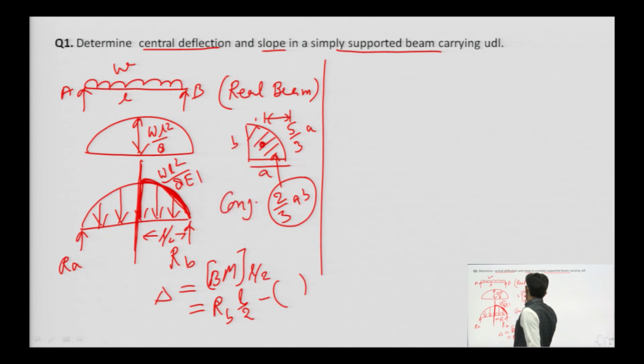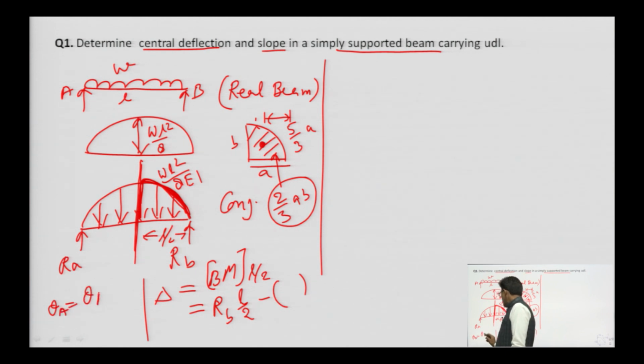Okay, so we can calculate the loading, and we will multiply by the corresponding length. So we will have the value of central displacement, and slope will be what? Slope at A or slope at B, since this is symmetrical, that is why equal value of slope will be there.